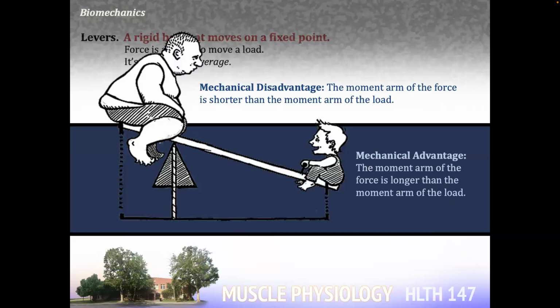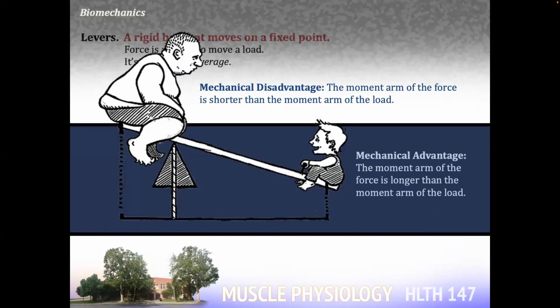All right, so what do we mean by advantage and disadvantage? Here, pictured, we have a lever system. Technically, that's a class one lever, which is just a teeter-totter. And there are two people on the teeter-totter, and on the right is let's say it's like baby Beavis, and he's tiny, maybe he weighs 40 pounds, something like that.